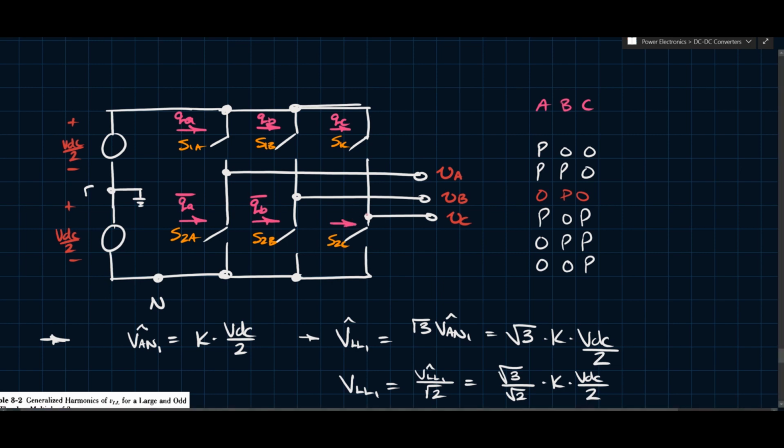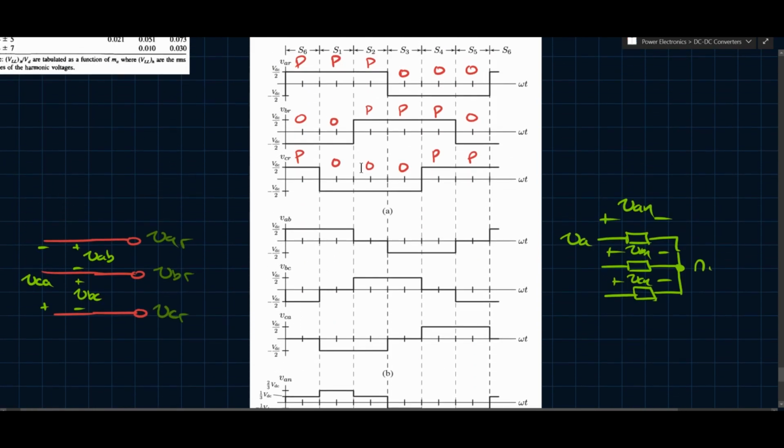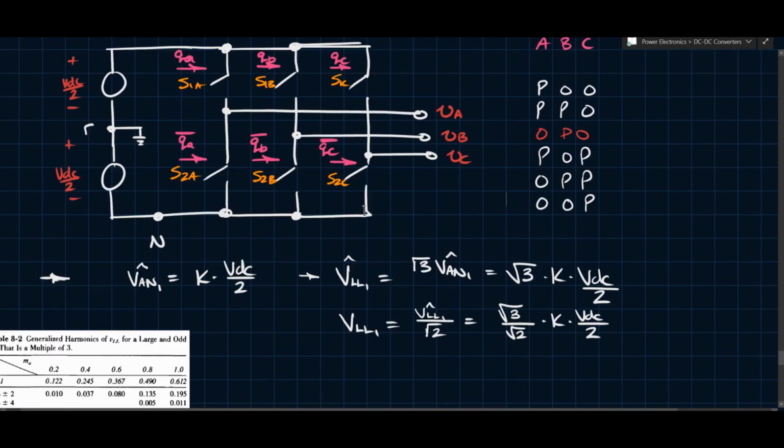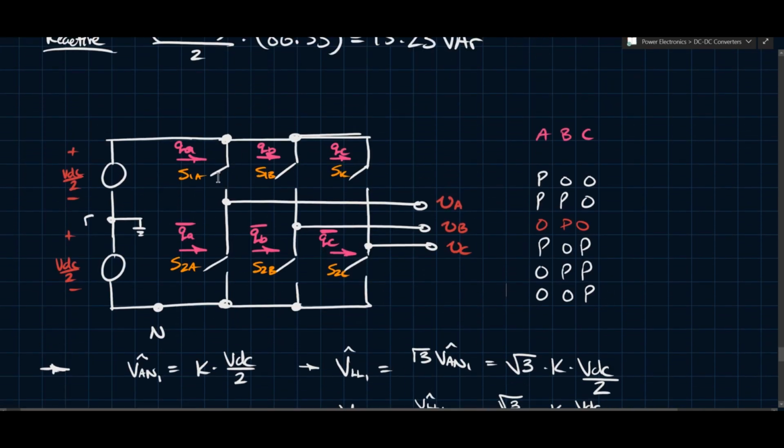And here we would have QC inverse. So the bottom would get the inverse, the top gets the actual pulse, for example. And these switching states would ensure that you would have no cross-conduction issues in terms of shorting things. You wouldn't have those issues anyways because of the way that the 3-phase ends up working out.